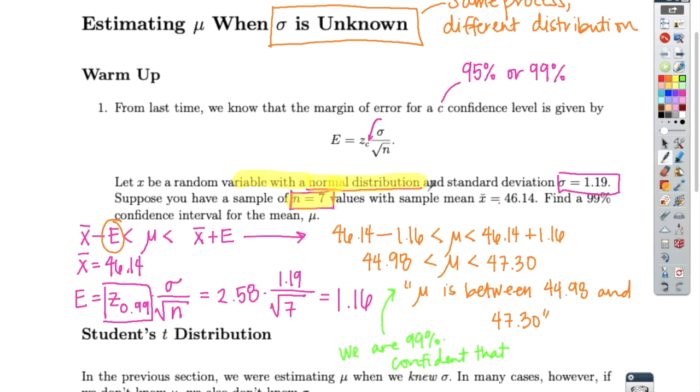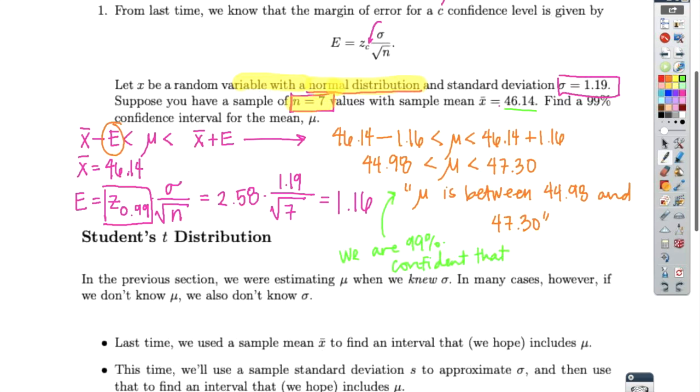All we will say is that we're pretty sure it's somewhere between 44.98 and 47.30. Now remember, our sample mean was 46.14, which is halfway between these two values. So this is a pretty solid guess that it would be somewhere between these. But we can never be 100% certain that that's the case.